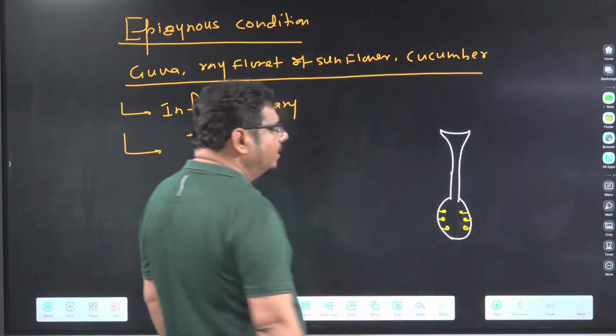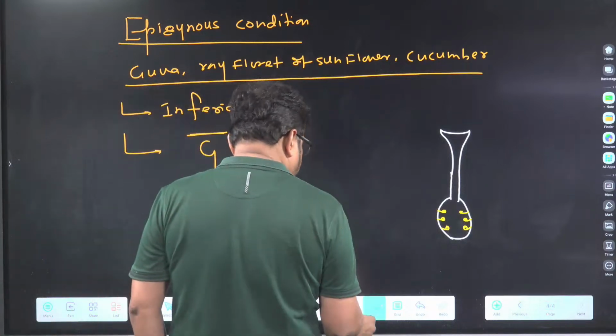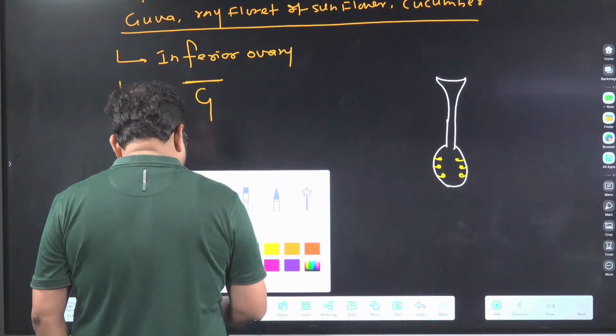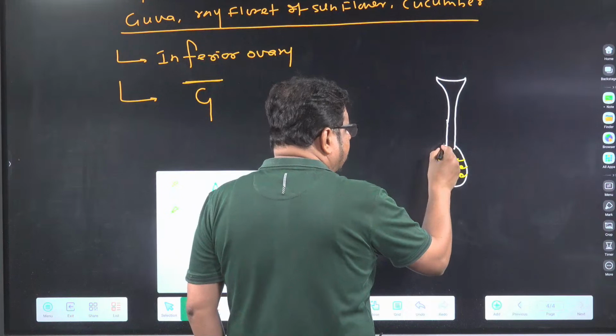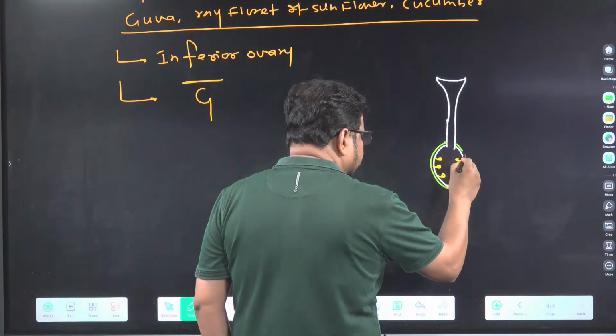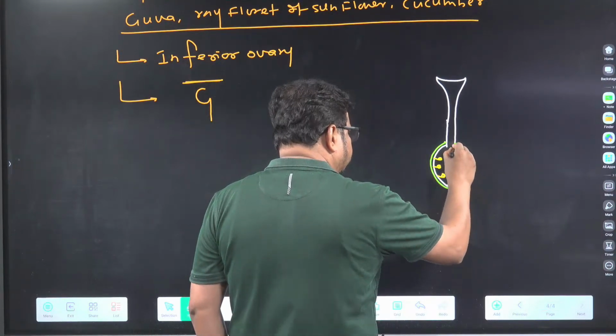Ovules are present inside the ovary. Now what happened? Try to understand. Give your attention. Now I am drawing the thalamus.